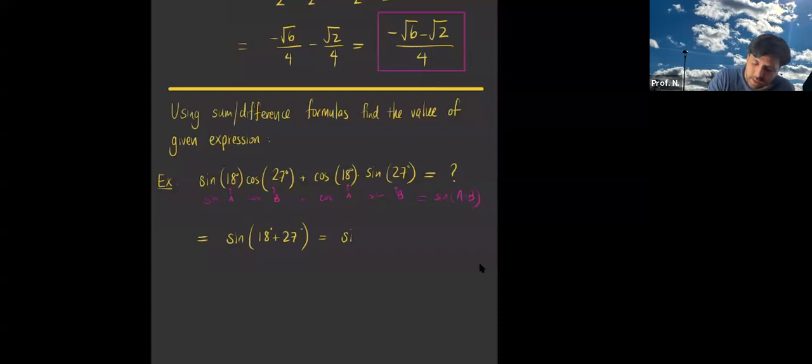And don't we know sine of 45? Of course. Rad 2 over 2. That's it. So the expression is exactly rad 2 over 2, because sine of 45 degrees is hidden behind this expression. It's the sum formula for sine.